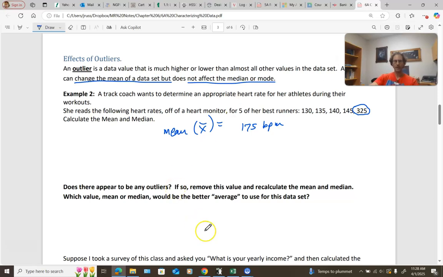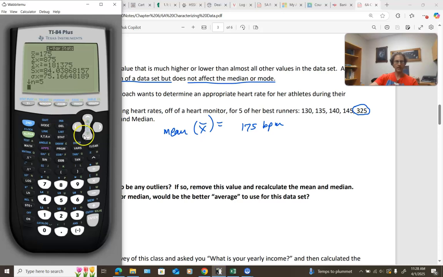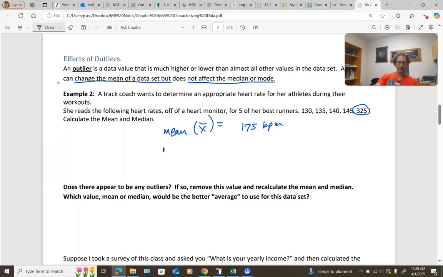Let's scroll down and see what the median is. The median is 140 beats per minute.